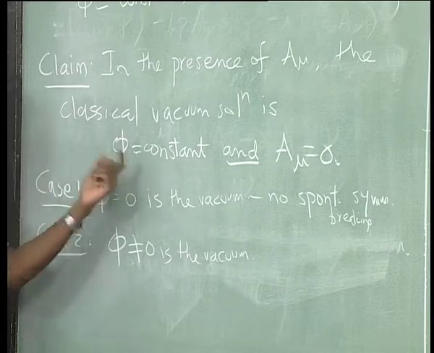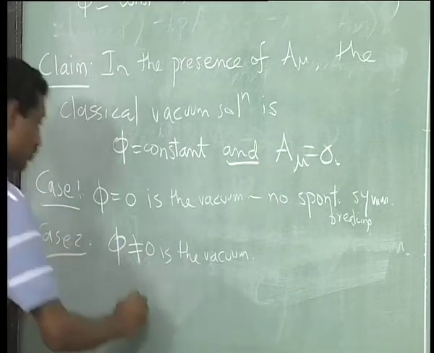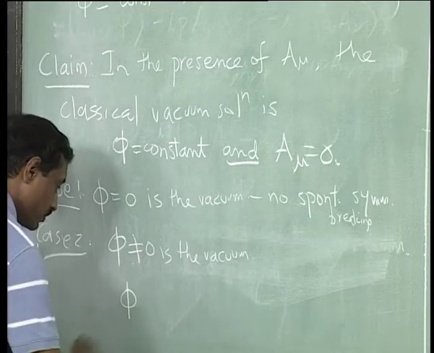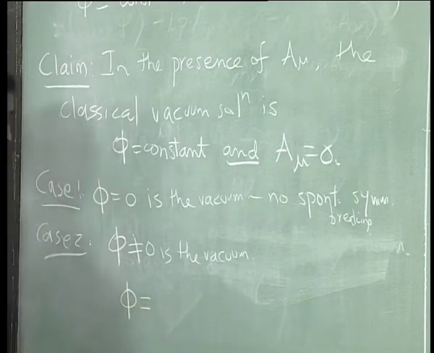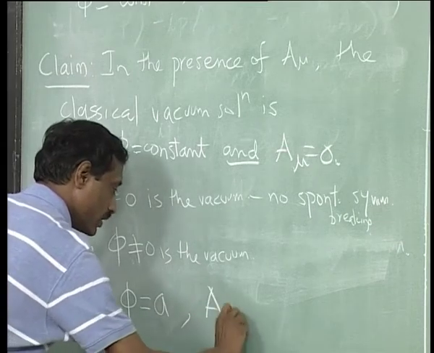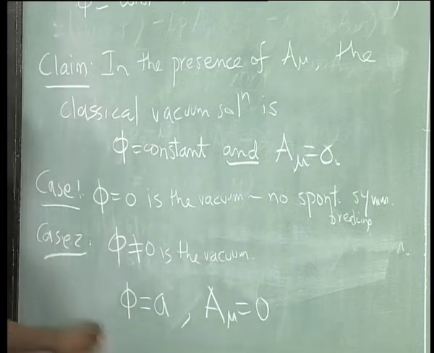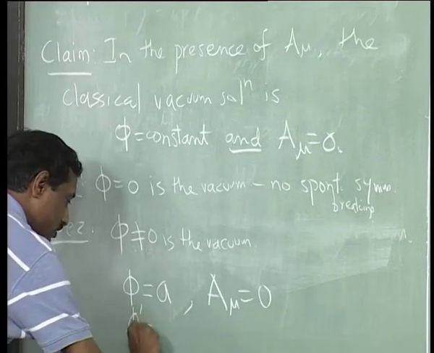I do not need to just write this, I could choose a new solution. So, let us say that phi equal to a, mu is equal to 0, a is that constant, but I could write a gauge equivalent solution which is like this.